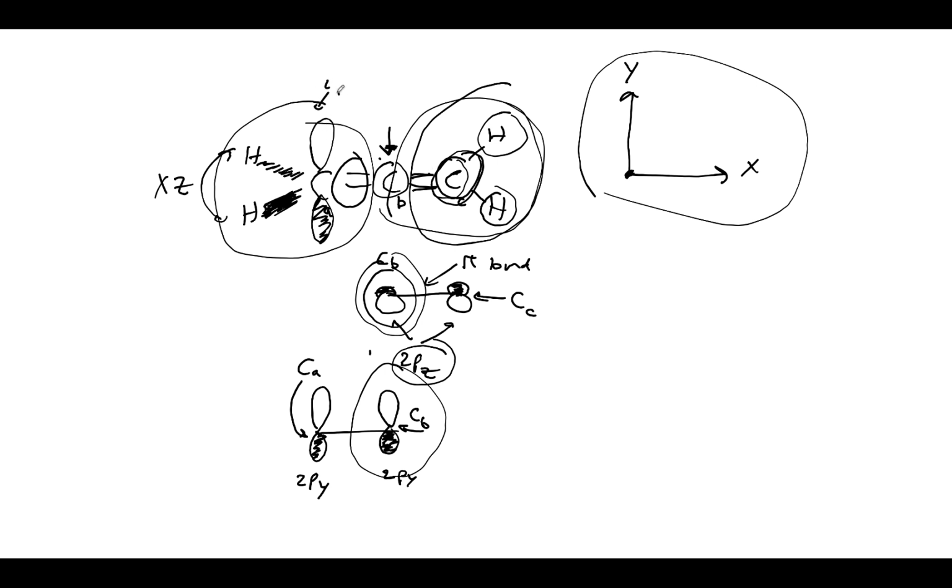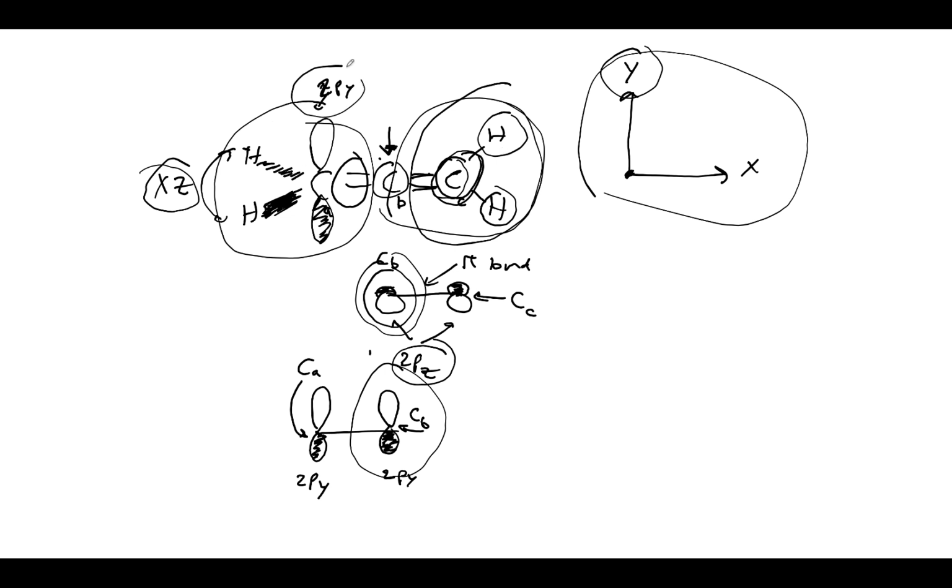So this is the 2py unhybridized. And that's because, look at where all the sigma bonding is. The sigma bonding is in the xz plane, right? So the unhybridized p orbital naturally is going to align itself along the y, because that's not where you need the directional type bonding.